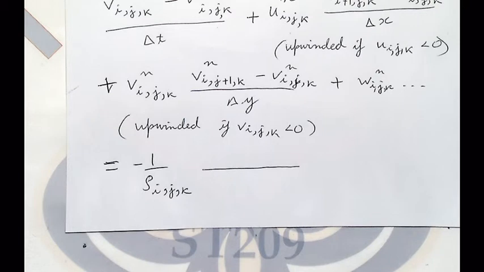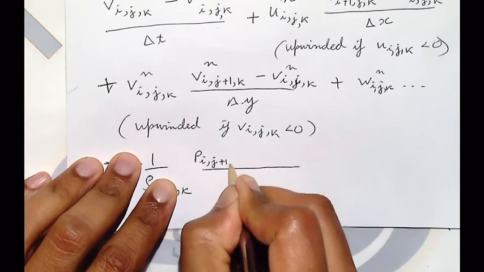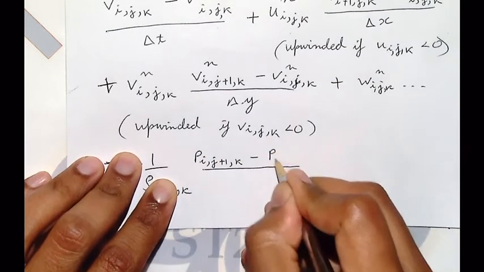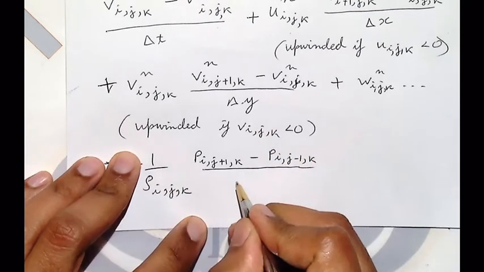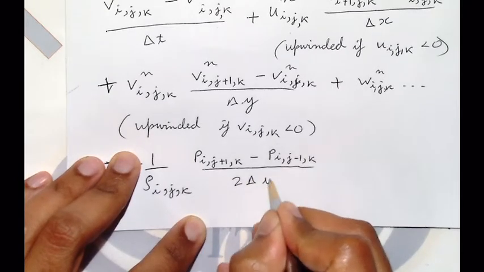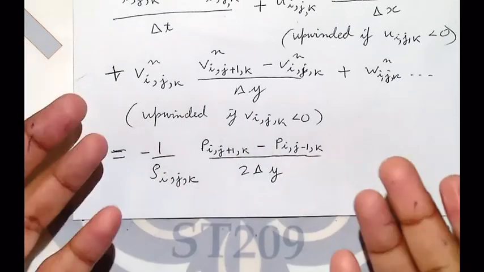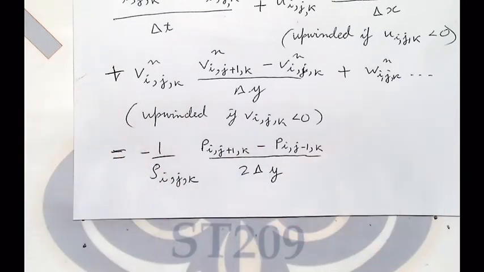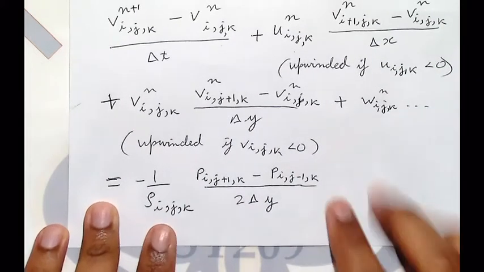Now we can take central derivatives: P at i, j plus 1 minus P at i, j minus 1, over 2 delta y. That's the second order approximation for the first derivative, the center difference. Now that pressure term is done.